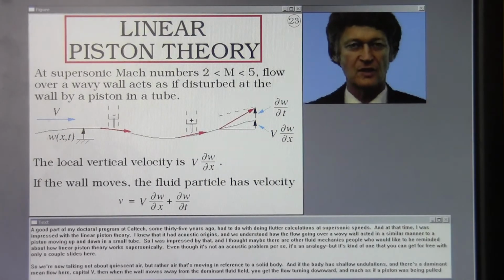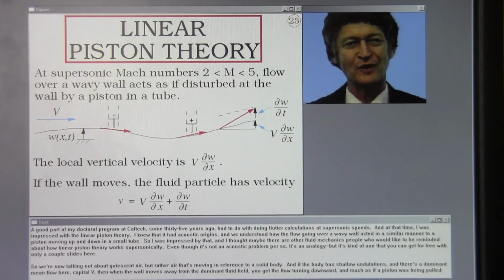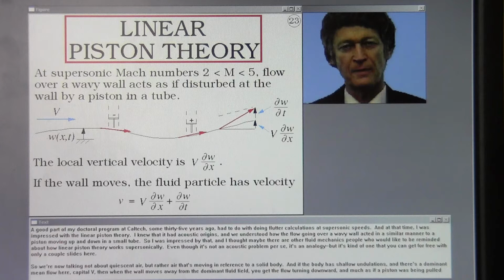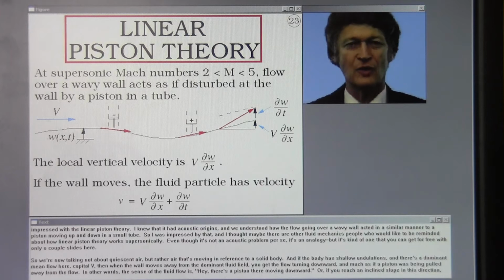A good part of my doctoral program at Caltech some 35 years ago had to do with doing flutter calculations at supersonic speeds. And at that time I was impressed with the linear piston theory. I knew that it had acoustic origins, and we understood how the flow going over a wavy wall acted in a similar manner to a piston moving up and down in a small tube.